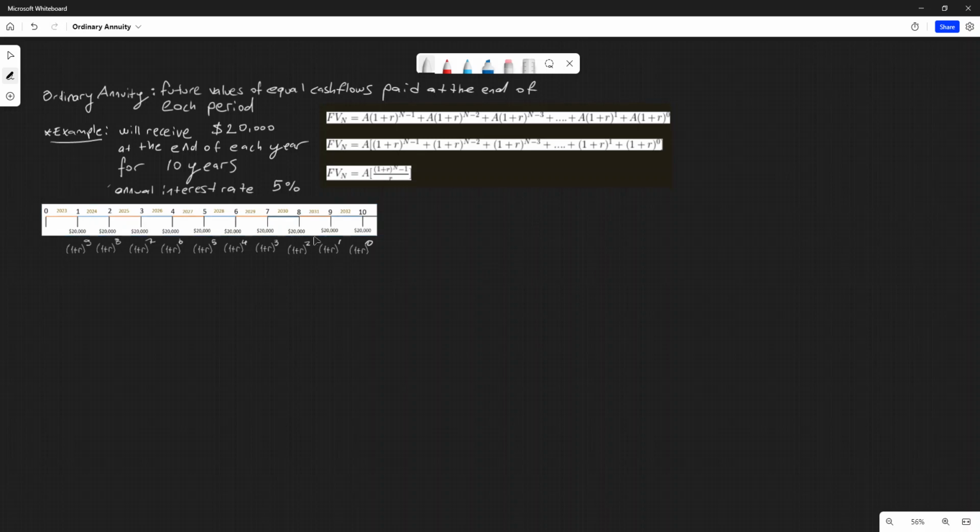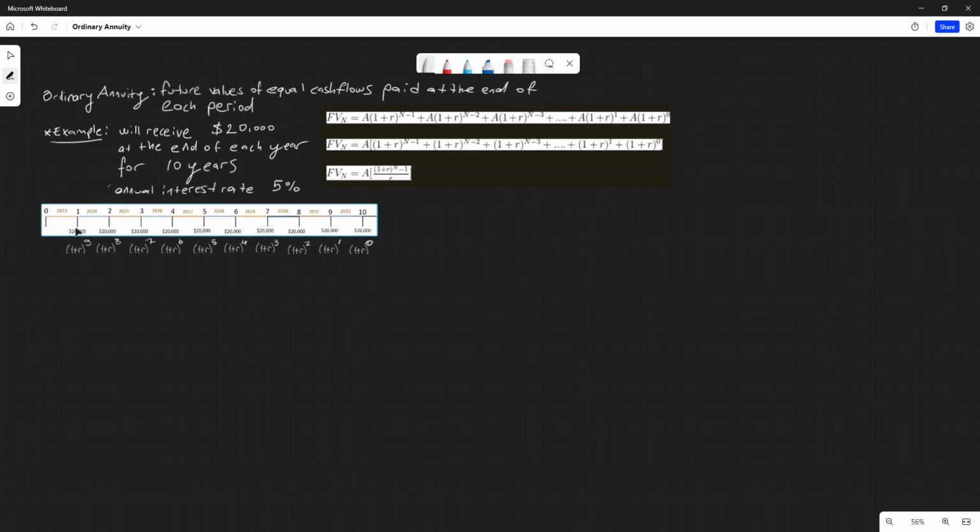Looking at this timeline, let's think that you are now at point zero, at the beginning of, let's say, 2023, but at the end of 2023, on 31st December 2023, you will receive $20,000.